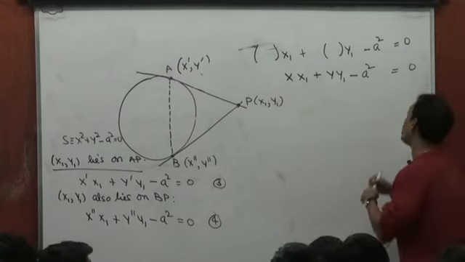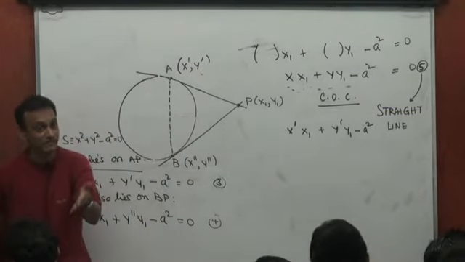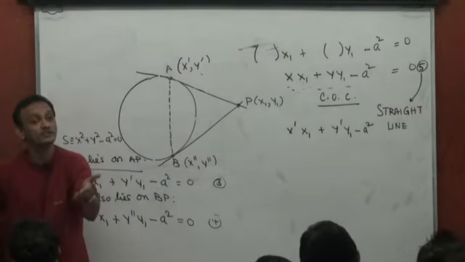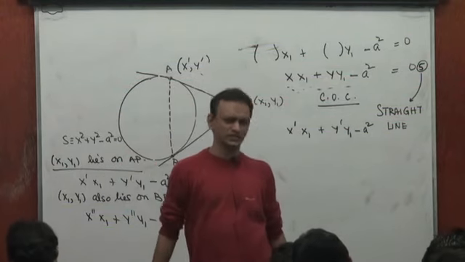Are you fine with this or not? It represents something else geometrically: the chord of contact if x1, y1 is a point outside the circle.